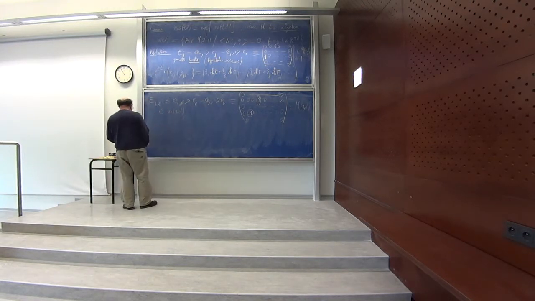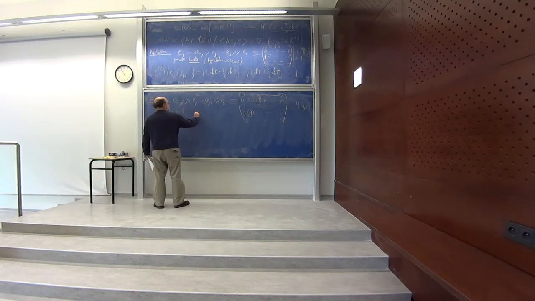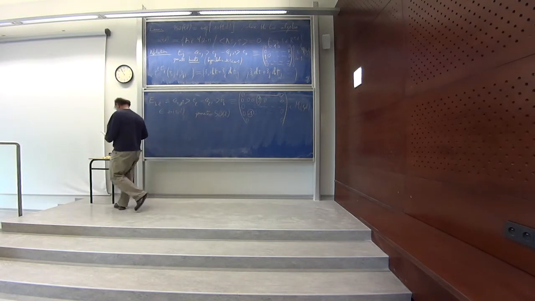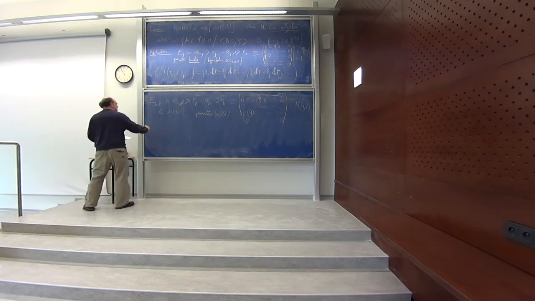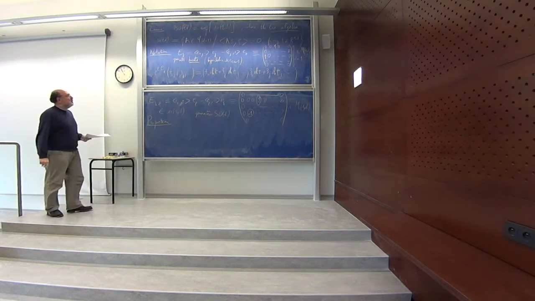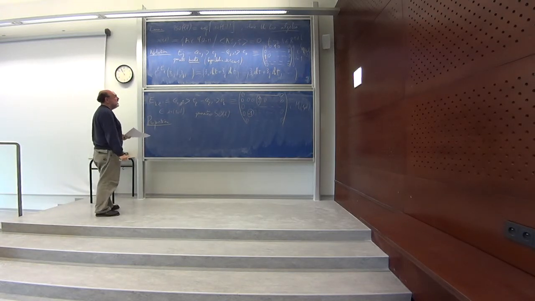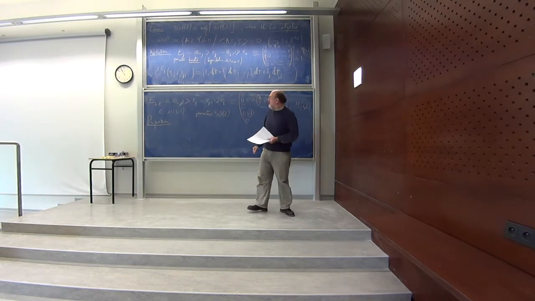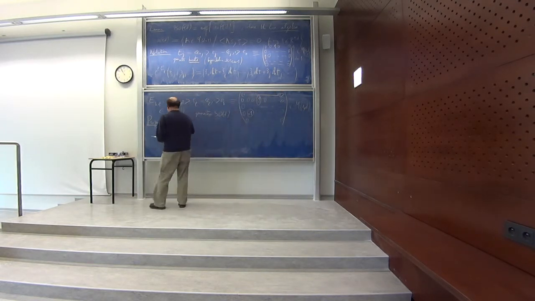And of course, these matrices generate the rotations. With these two types of matrices, we can already generate the whole Lie algebra.